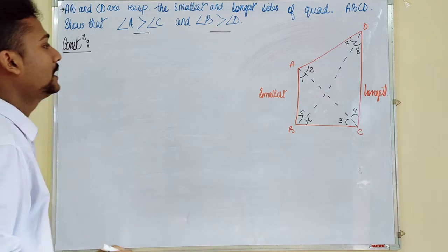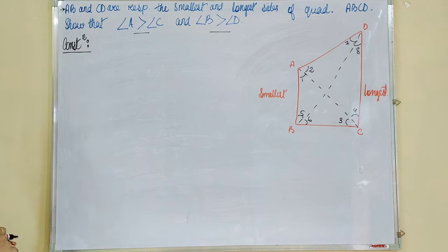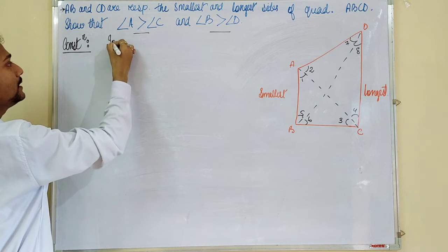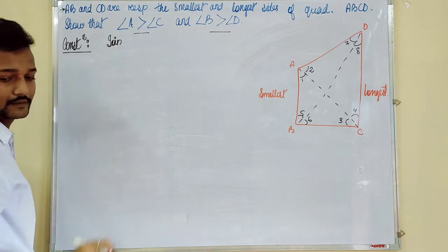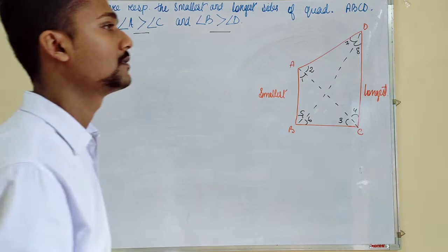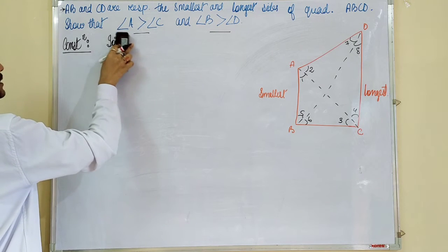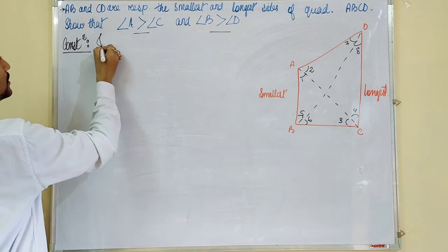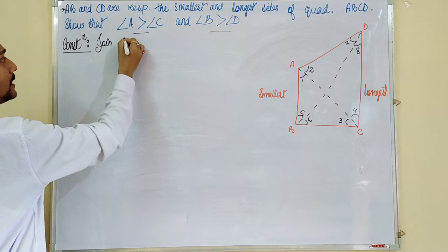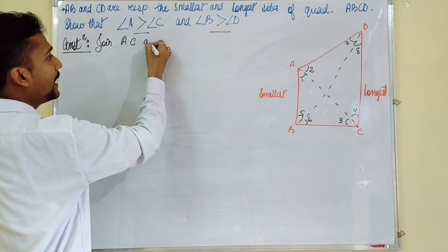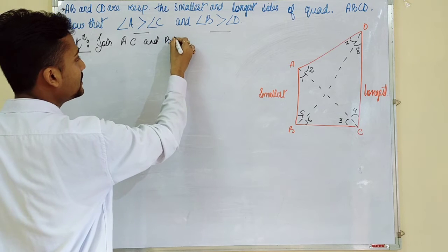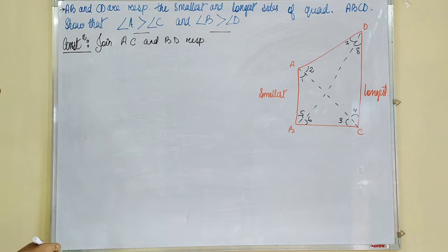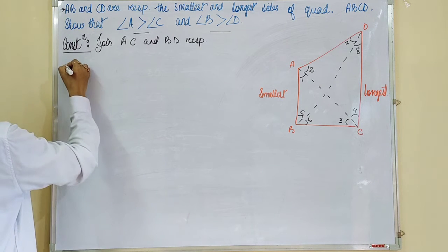Okay. Now, construction: join AC and BD respectively. Now, proof.